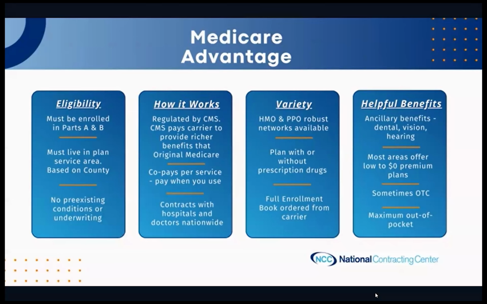And with the carriers on this side, they usually offer what we call HMOs or PPOs. If you're familiar with an HMO, Health Maintenance Organization, funny little acronym, but all it means is you have to stay within the network. If you purposely make an appointment to see a provider, if you're purposely scheduling a surgery, those doctors and those hospital systems have to be in the network for the HMO to cover you.